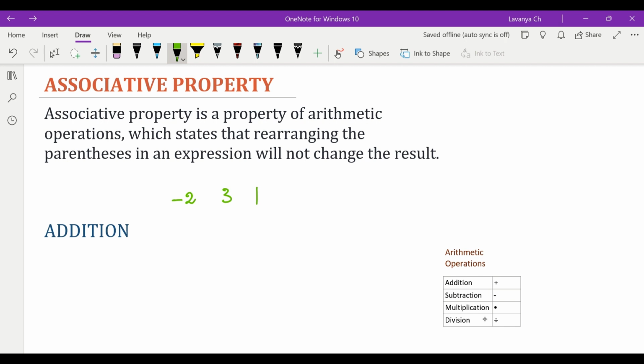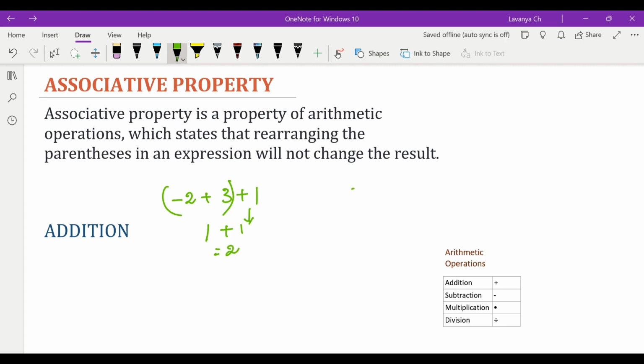So we have to do addition of three numbers. What we usually do is, we'll do it for two integers first and the result will be added to the third one. Initially, we will take these two. Minus 2 plus 3 is 1, plus this one here, 1 plus 1 is 2.